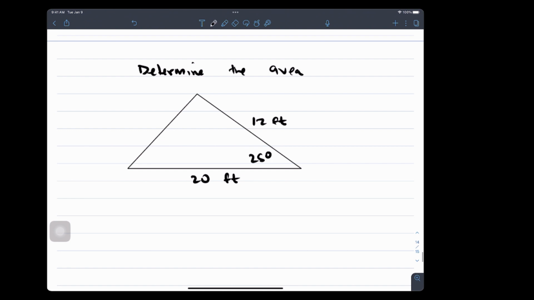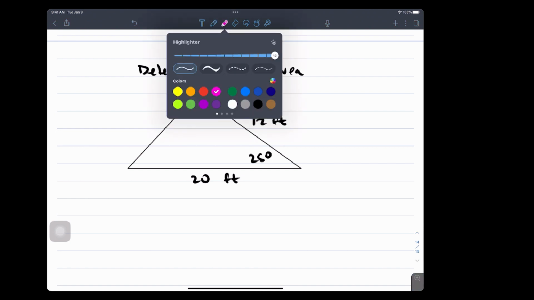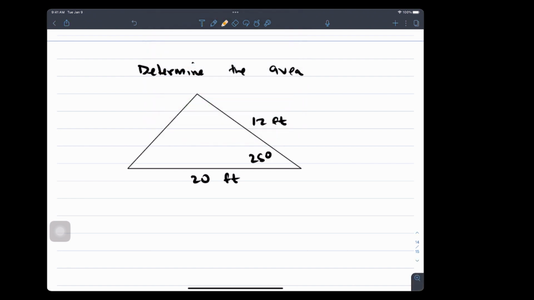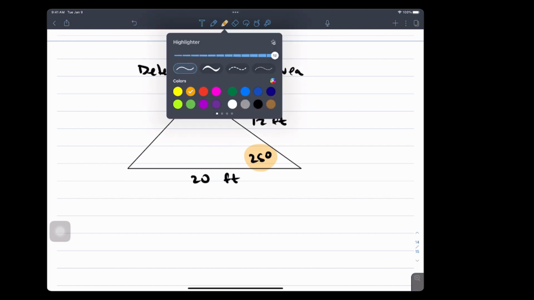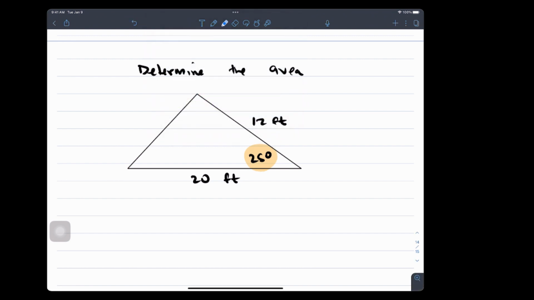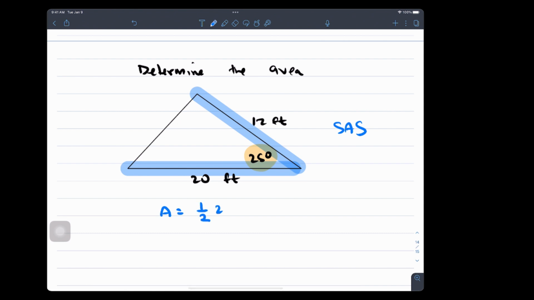In order to use that formula, you've got the angle, and then you have to have these two sides. So my area formula is going to be 1/2 times 20 times 12 times sine of 25 degrees.